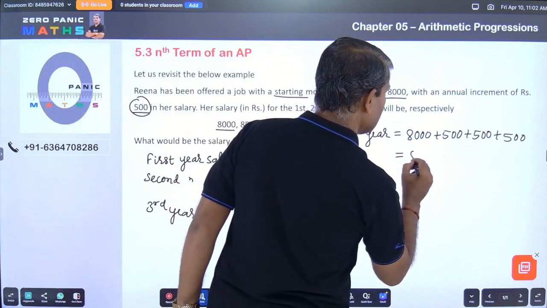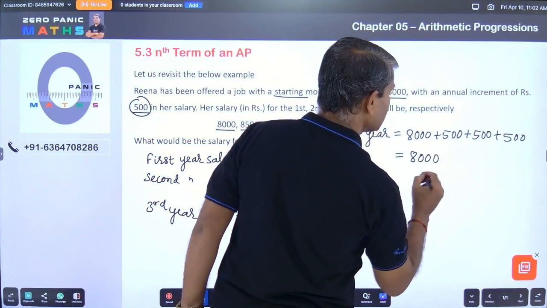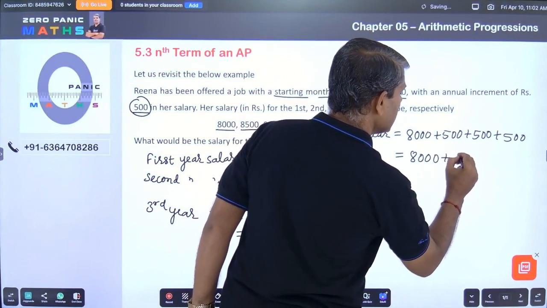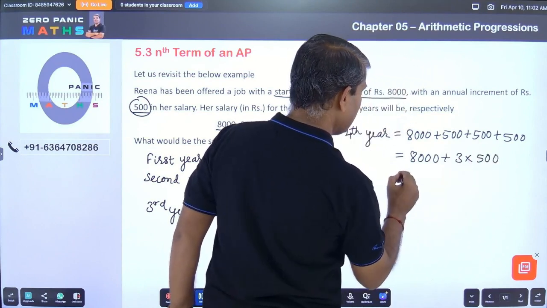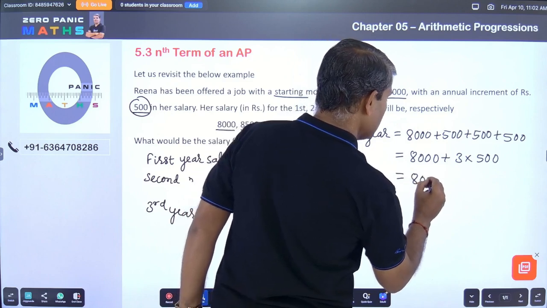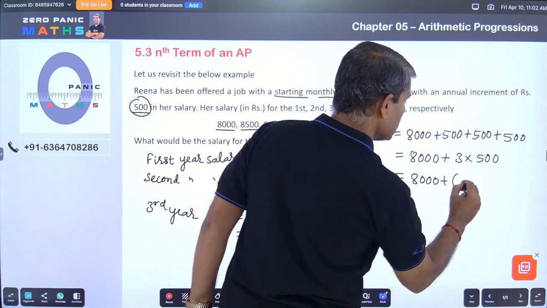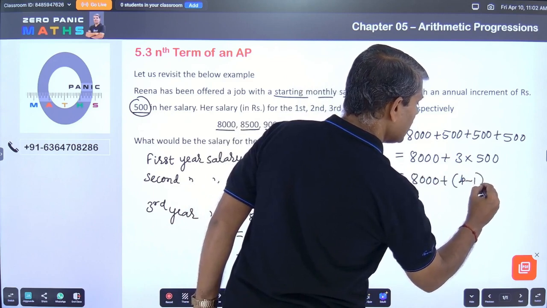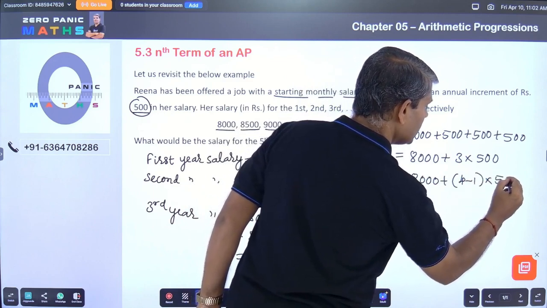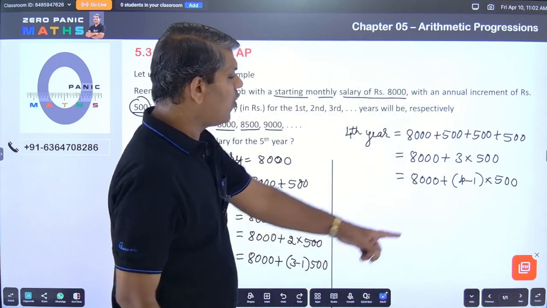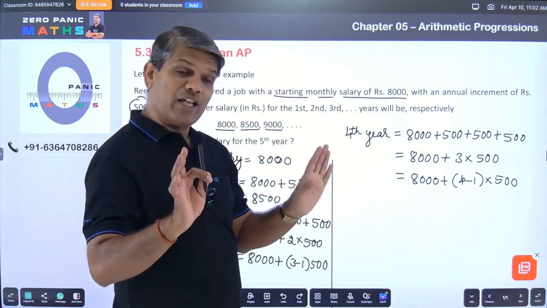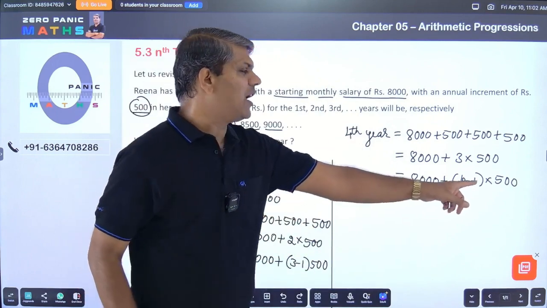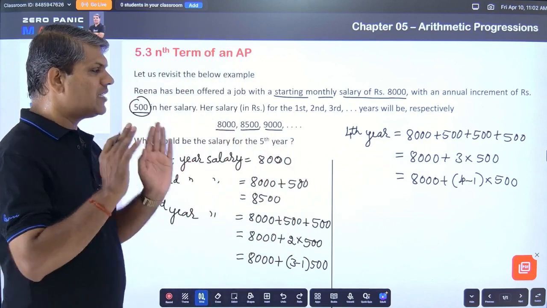So that can be written as 8,000 plus 3 times 500, and 3 can be written as 4 minus 1, so 8,000 plus 4 minus 1 into 500. Now why am I writing 4 minus 1 again? Because to represent that it is the fourth year. Assuming that it is the nth year, it will be n minus 1 for me. That is the reason.